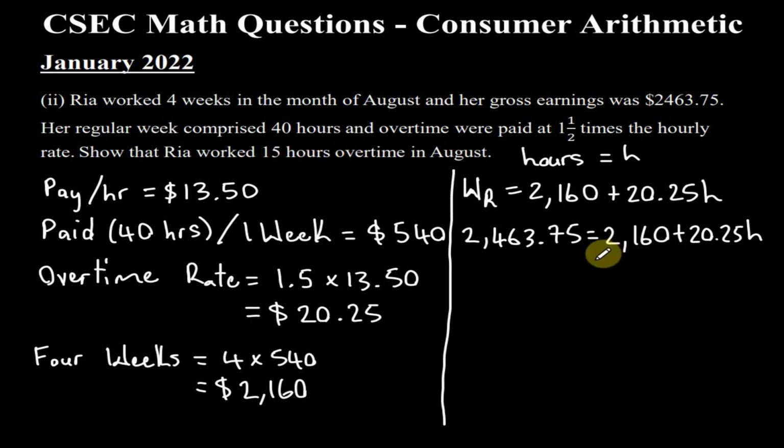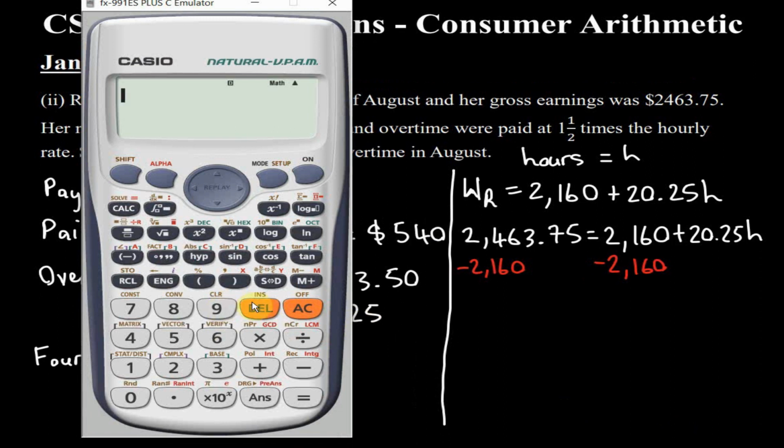So the first thing I'll do here is subtract 2,160 from both sides in a quest to make H the subject of the equation. And let's see what we'll get here.